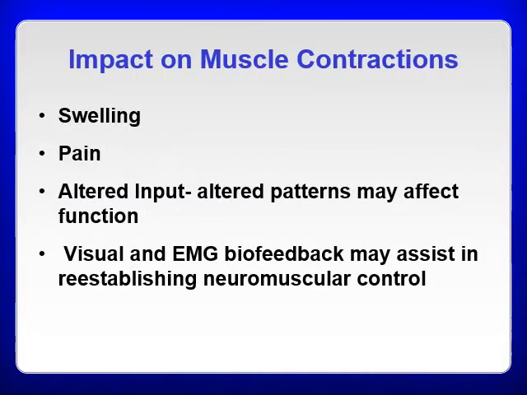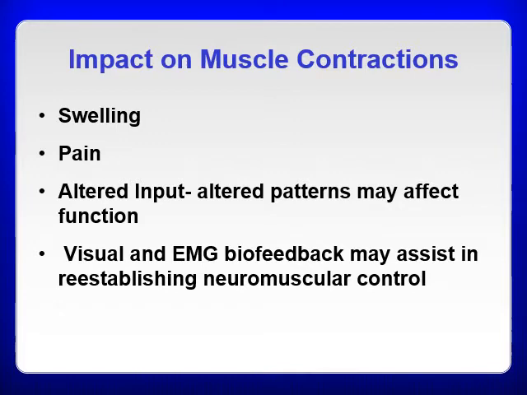If we look at the impact on muscle contraction, swelling inside a joint is going to stimulate stretch receptors inside the joint, and that's going to trigger that reflex inhibition. That's an important thing there.